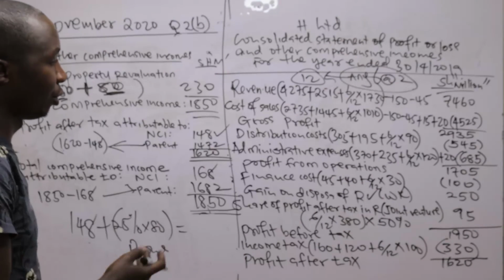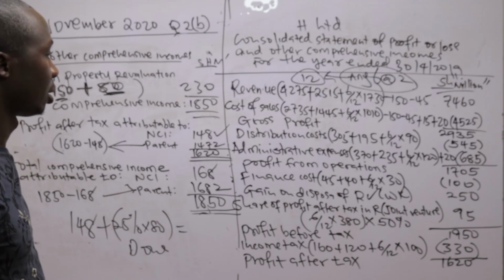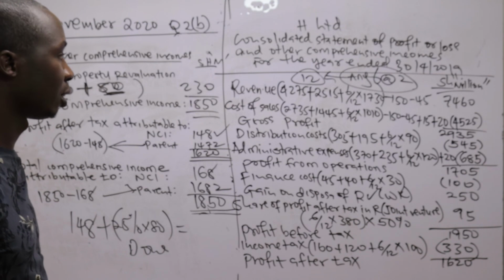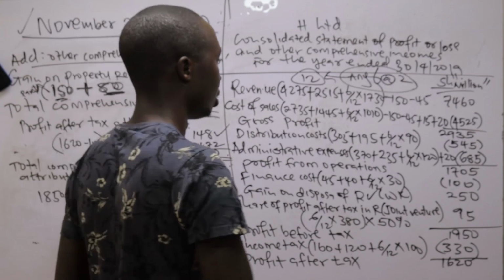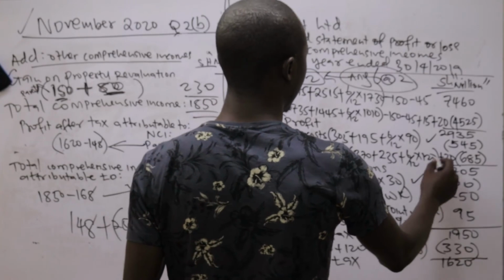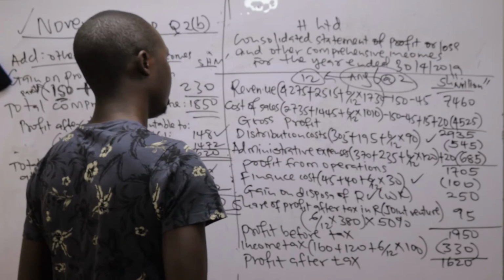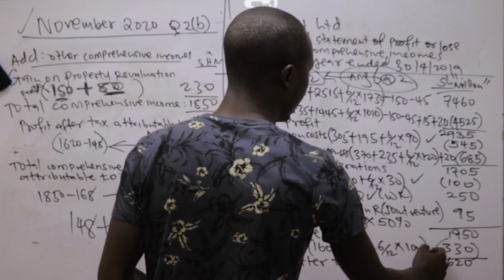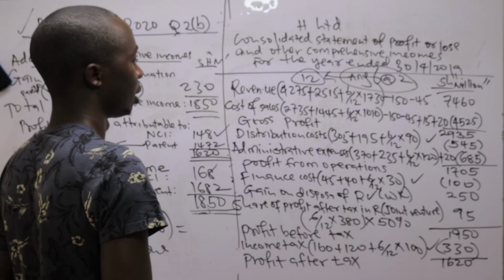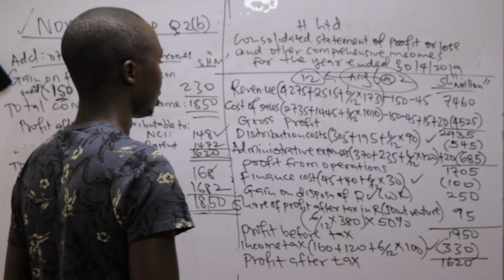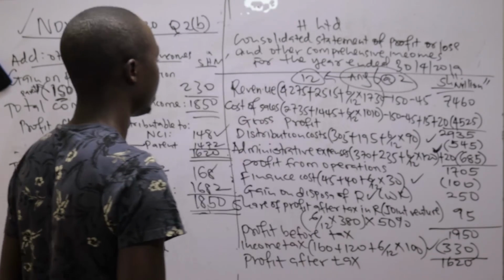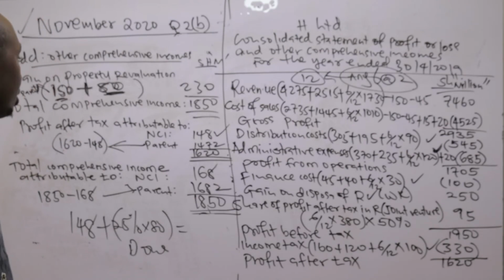So there are some few items which are direct, which you could have scored, the ones which don't need a lot of adjustments. Distribution was direct. Finance cost is direct. Income tax is direct. Those are already 3. Those are the ones which don't need any adjustment. Even admin, it's only that here you could have gone ahead to check for impairment.